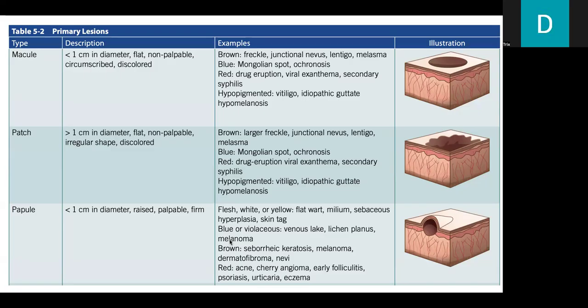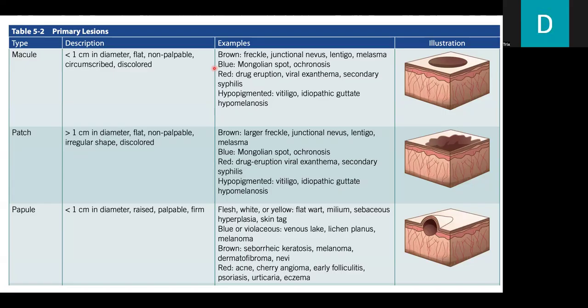Here we have the primary lesions, the type macule. The description is less than 1 cm in diameter, flat, non-palpable, circumscribed, and discolored. Examples are, if brown, freckle, junctional nevus, lentigo, melasma.